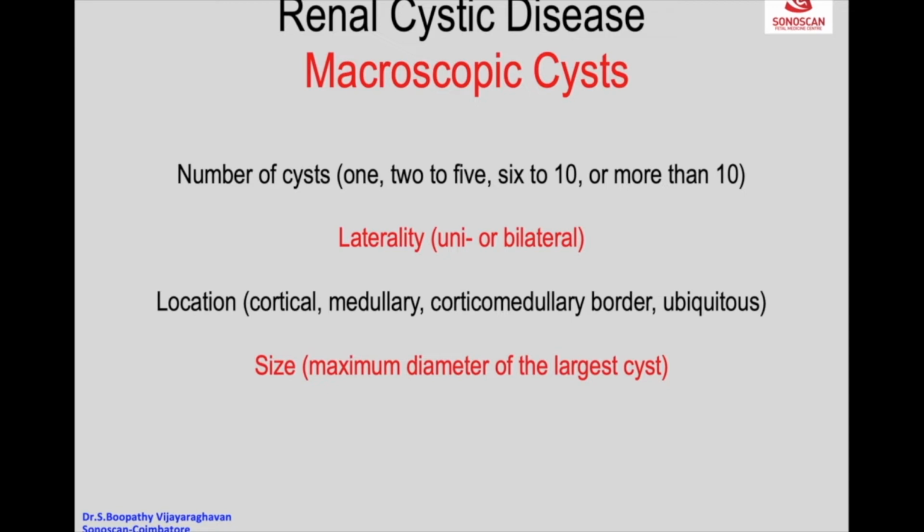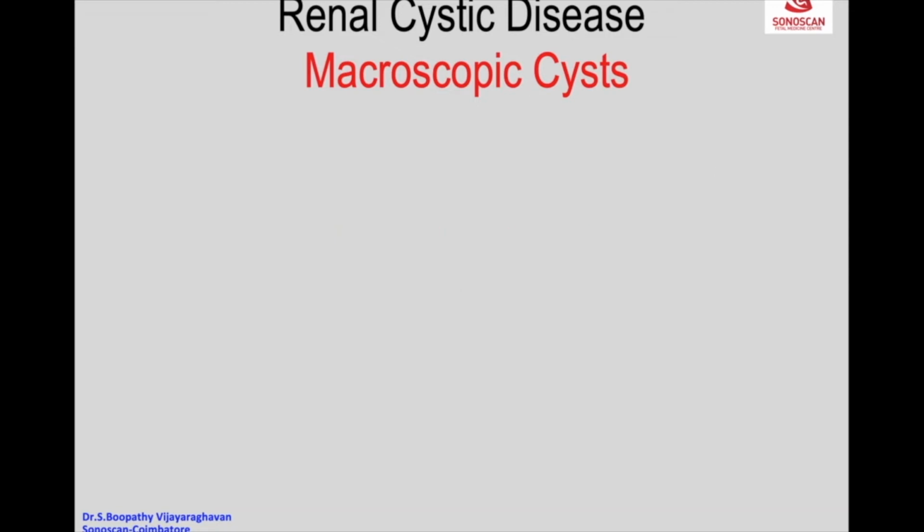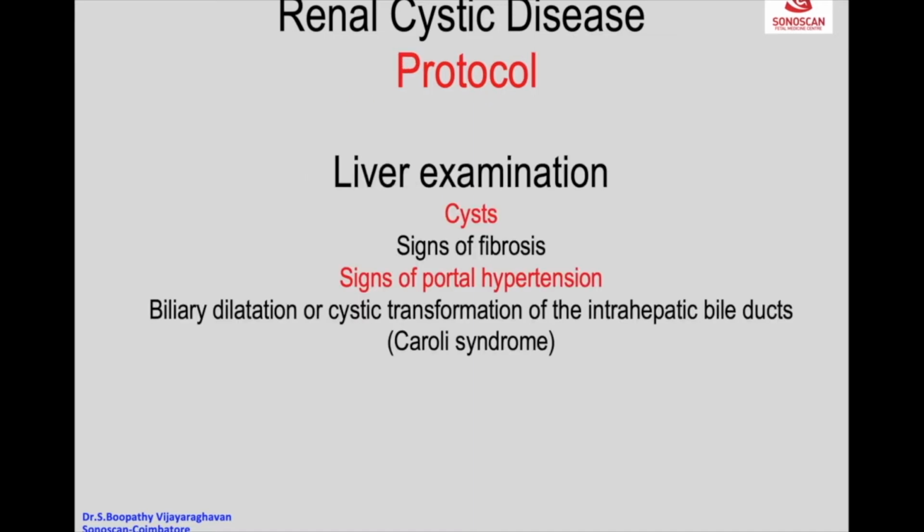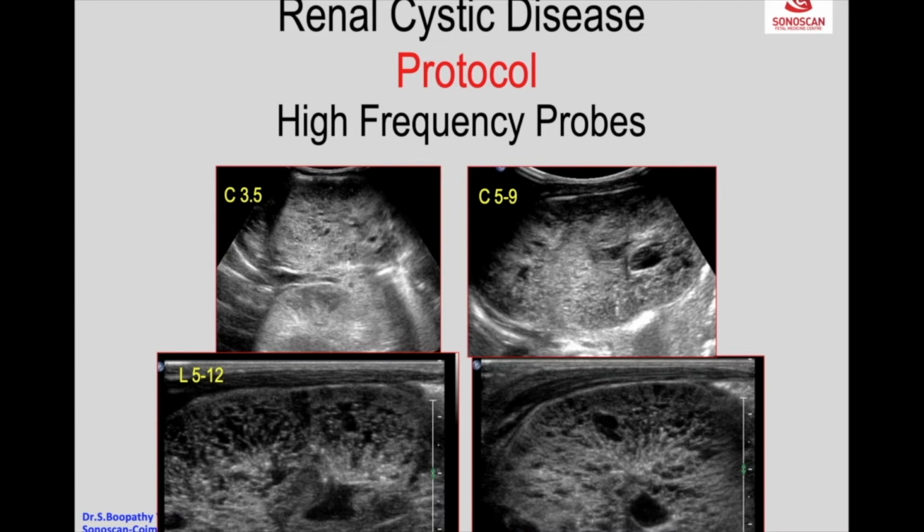And size of the cysts, we have to give the maximum diameter of the largest cyst. And cystic transformation of the intrahepatic bile ducts is called the Caroli syndrome. And also in the females, internal genital pyramids whereby linear dilated tubules filling the renal medullary pyramid.